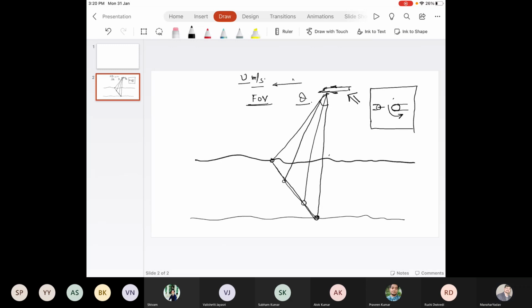Okay, so in one scan line, the first laser footprint and the last laser footprint, and within these two footprints, all other laser beams are fired.